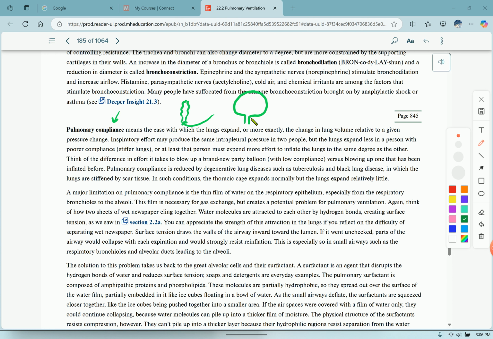That means the balloon skin has a high compliance, which means it has the ability to expand. So pulmonary compliance means that the lungs have the ability to expand, which will help increase the volume.